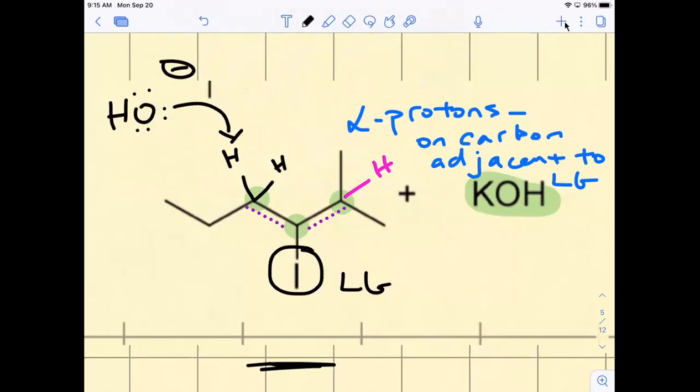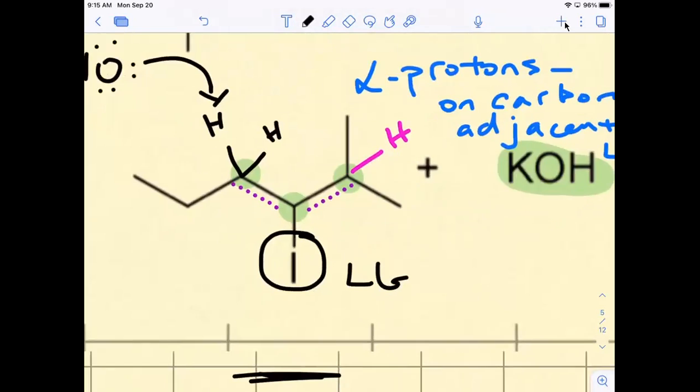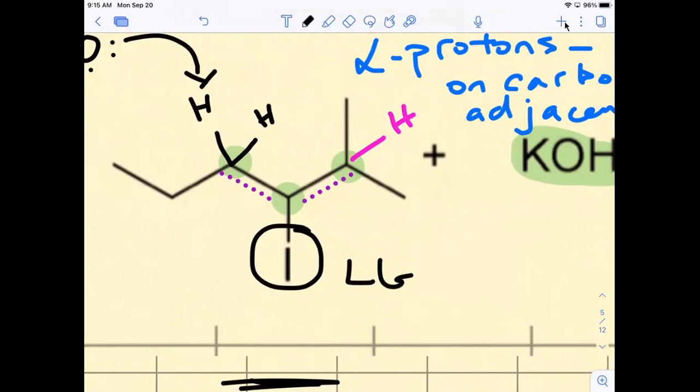And then that proton, once it's removed, is going to donate its electrons here to make that pi bond, because we're trying to make a pi bond right there. And at the same time, I'm going to lose my leaving group. So that iodine is going to leave with a pair of electrons.